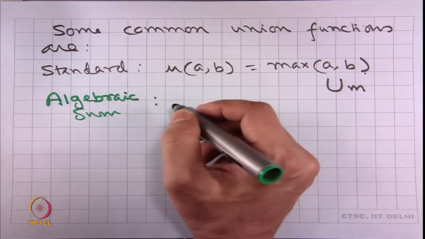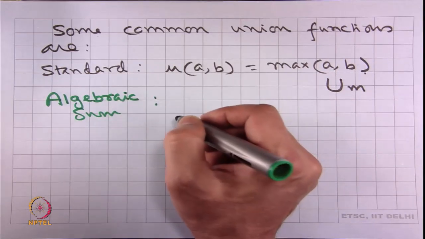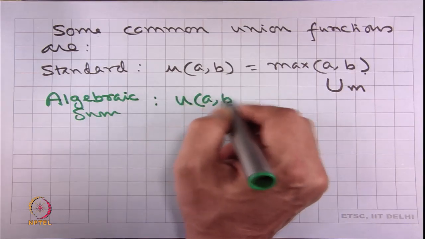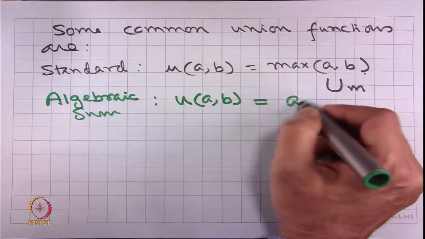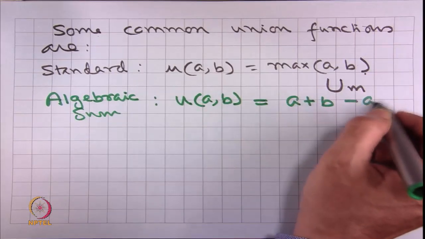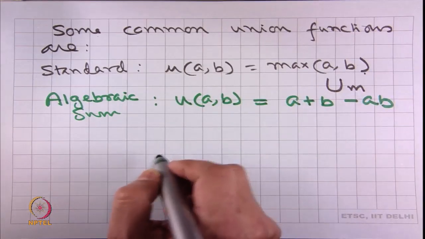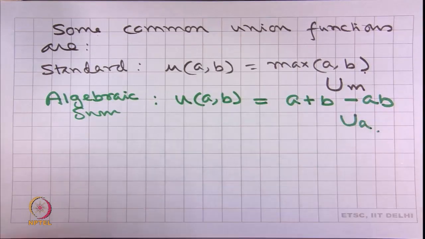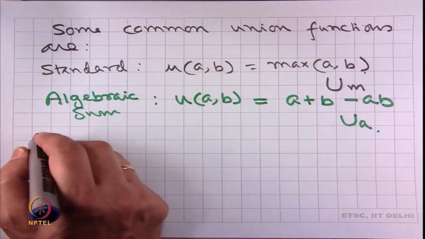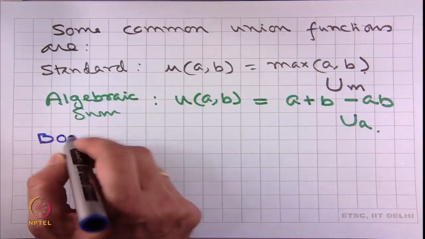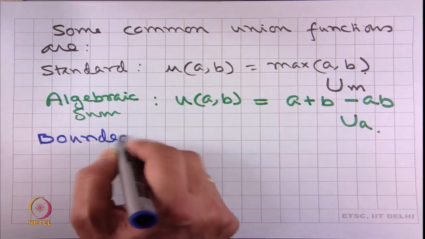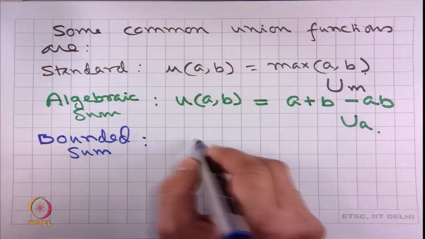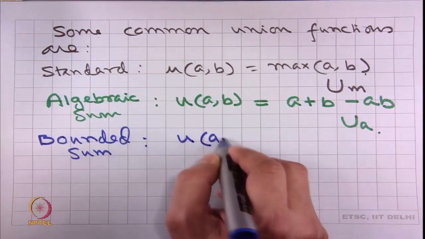If you remember, for intersection it was product. Here the function is U A B is equal to A plus B minus A B. We will write it as U A, bounded sum, again very similar to the bounded product that we have seen with respect to intersection.